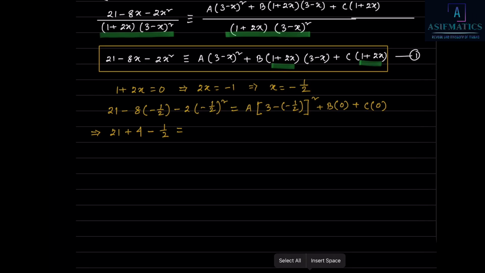So 9 by 4 a. If we calculate this one, this will be 25 minus 1 by 2, that means 24.5. So if you calculate this, your result for a should be 2.